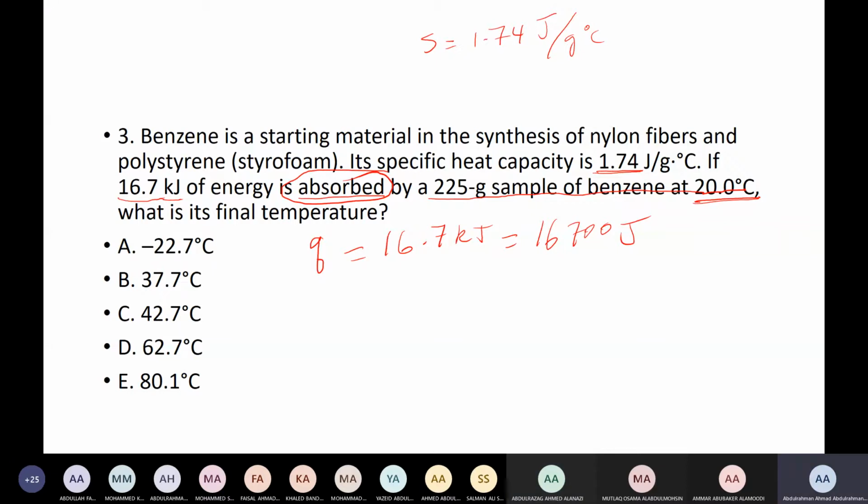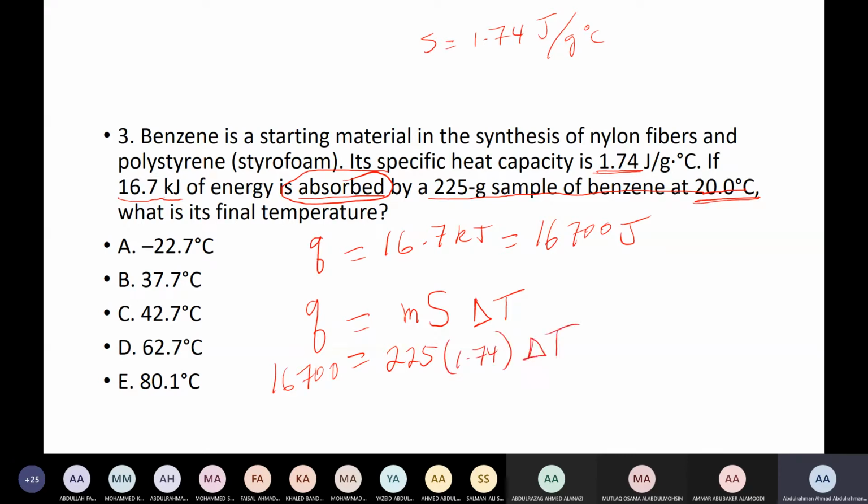It will go up. So Q is equal to mass times specific heat times delta T. The Q is 16,700. The mass is 225. Specific heat is 1.74.